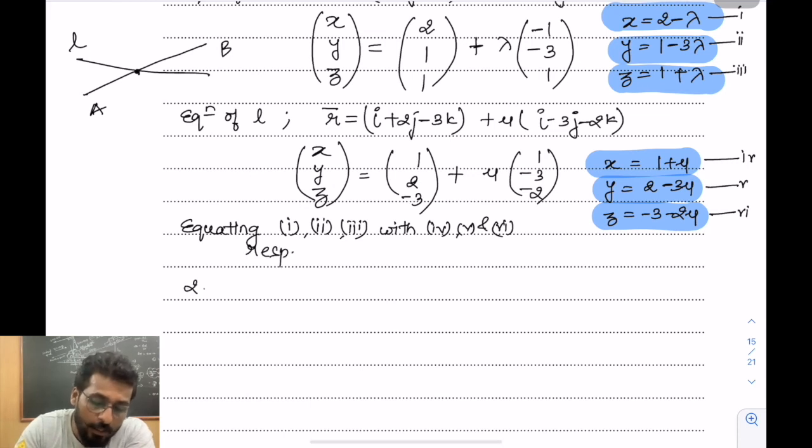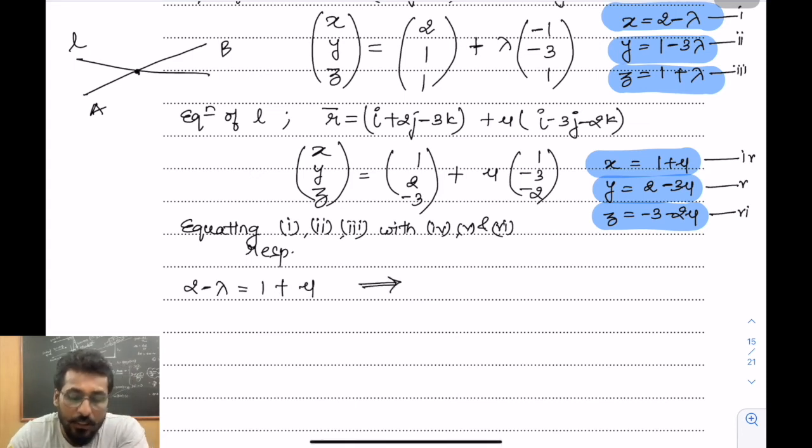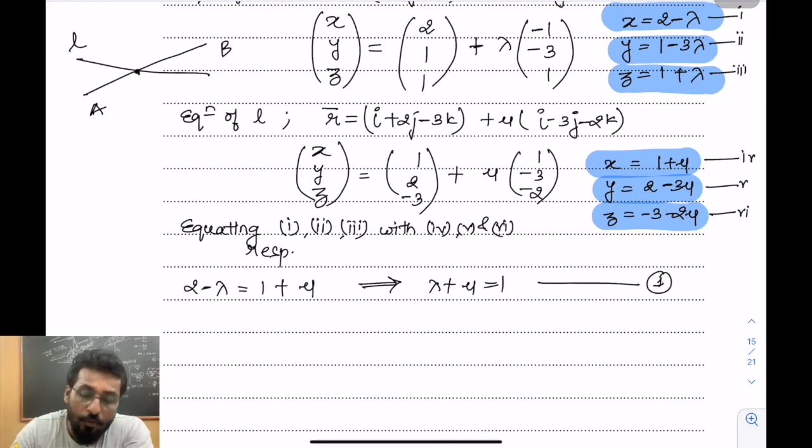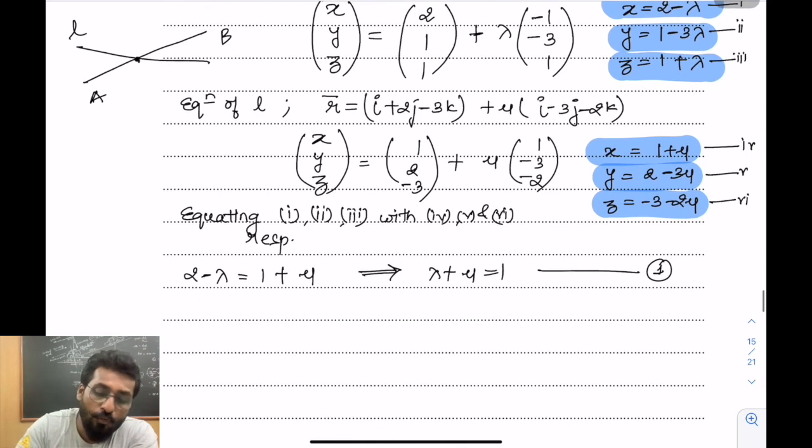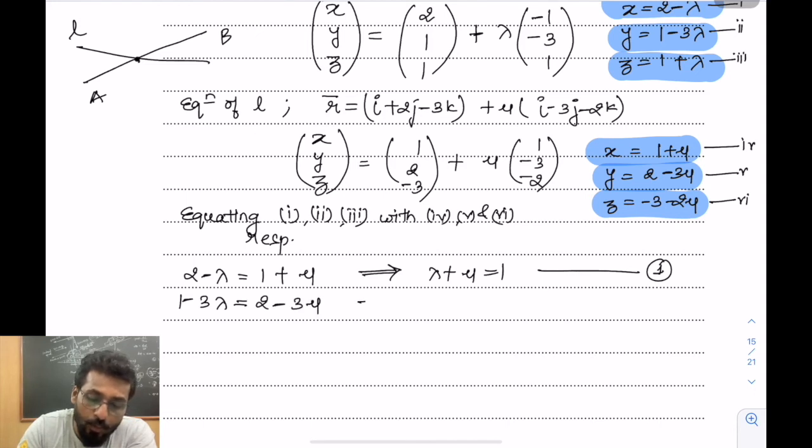So I get 2 minus lambda is equal to 1 plus mu. That implies, sending lambda to one side, lambda plus mu, and the 1 on the other side, so lambda plus mu is equal to 1. Let's call this equation number 1. From the second one, we compare the values of y now. 1 minus 3 lambda is going to be 2 minus 3 mu.